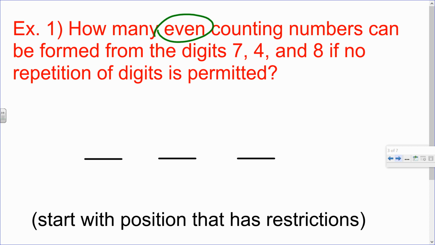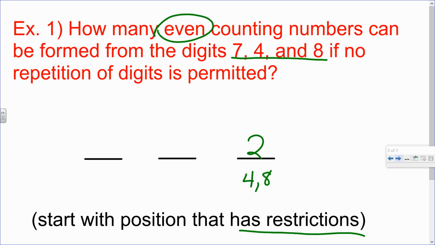That's on the ones digit. So we are going to start with the ones digit because it's the one that has restrictions. So I'm only allowed to use 7, 4, and 8, and it's got to be even. So what can go in that ones place? What are my choices? Okay, 4 and 8 are my only choices.